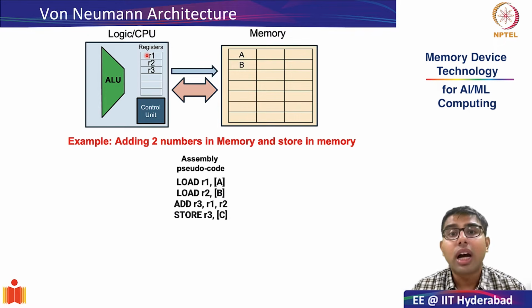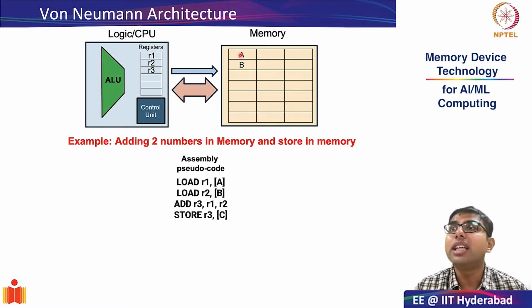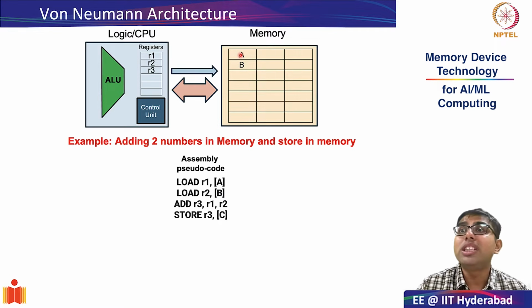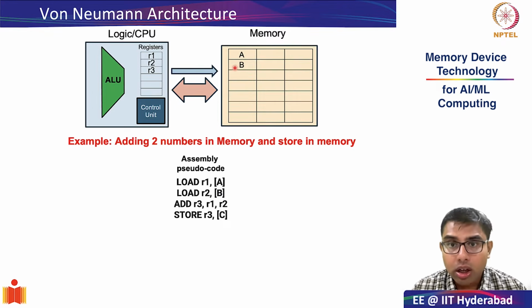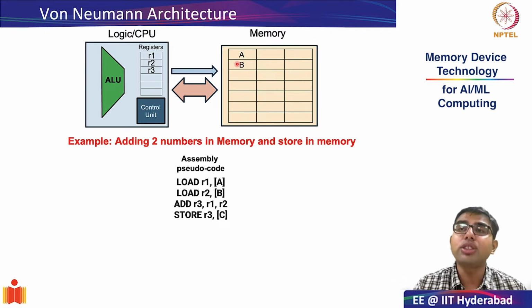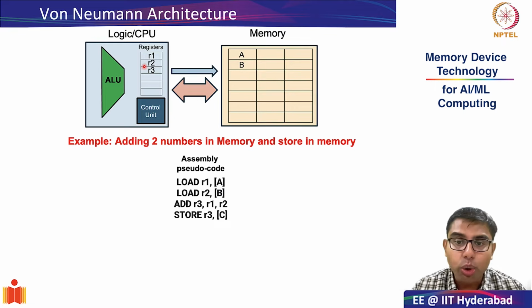Please recall, R1 is an internal register within the CPU, whereas A is a memory location which is far away from the CPU. Next is load R2 from B, which is identical: the contents of whatever is in memory location B will get fed into R2.